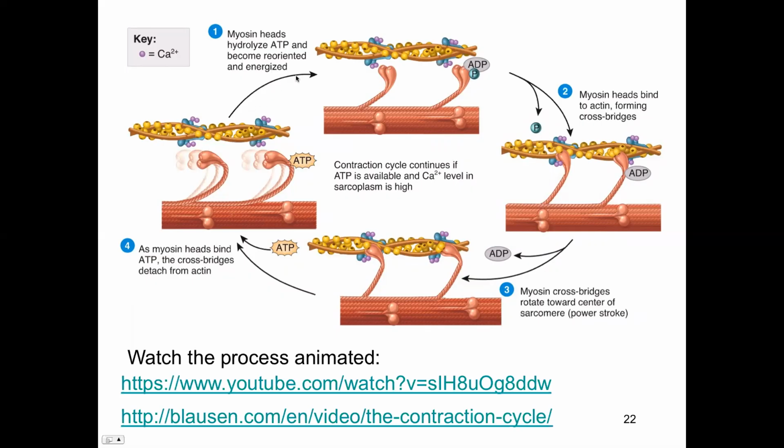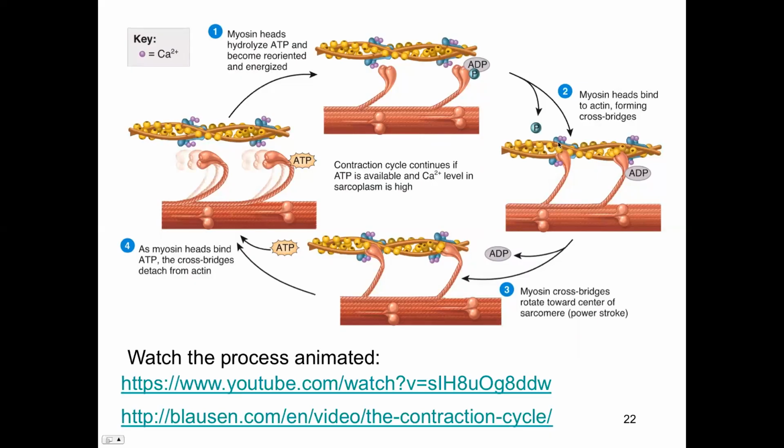And the enzyme then is going to split that ATP here in step 1, and the ADP and the phosphate will remain bound to the head group. What ends up happening here is, with that energy release from the splitting of that bond, that puts the head group in the cocked position. So it sort of stretches out. So it's cocked and it's ready to do its job.